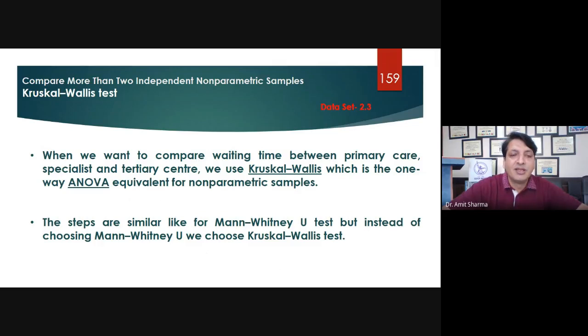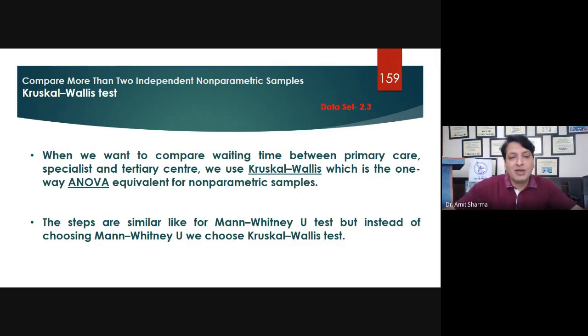And what are the ranges? Just remember, for skewness the range is -1 to +1, and for kurtosis the range is -1.96 to +1.96. So if your data is showing skewness or kurtosis under or more than these ranges, you can say your data is not normally distributed, and you are eligible to apply the Kruskal-Wallis test.